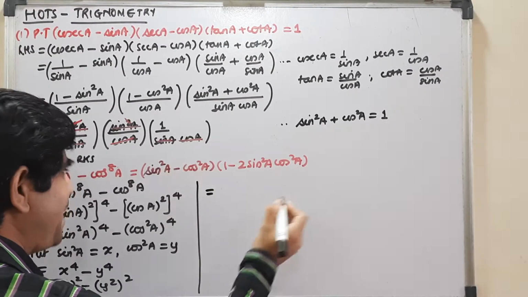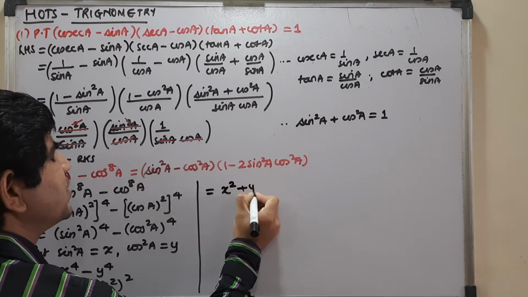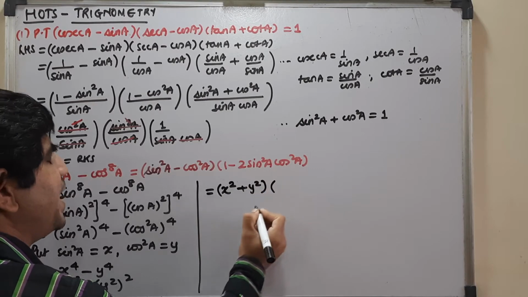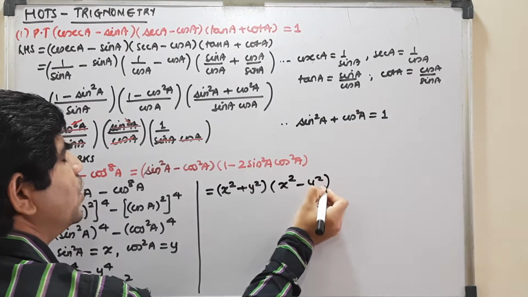So a square minus b square by formula is a plus b into a minus b. Okay, no issue.